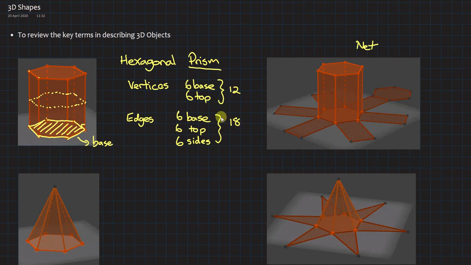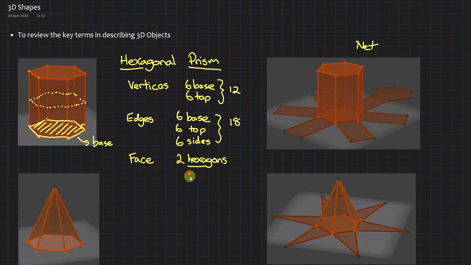Then next to this, we can count how many faces are there. Faces are flat surfaces. Now sometimes it's easier to see it in the net. Sometimes think about what you're doing as you go through. We actually have 2 hexagons. The only reason they're hexagons is because we're using a hexagonal prism.